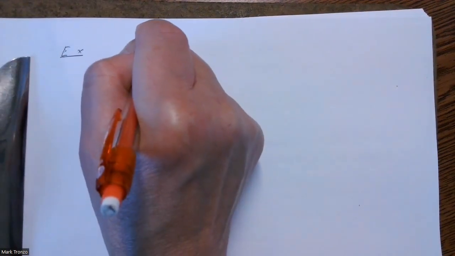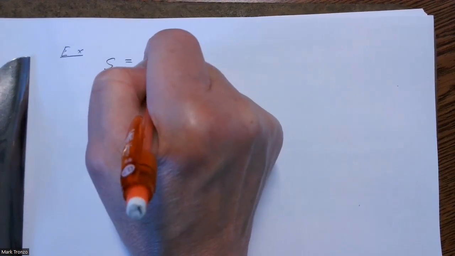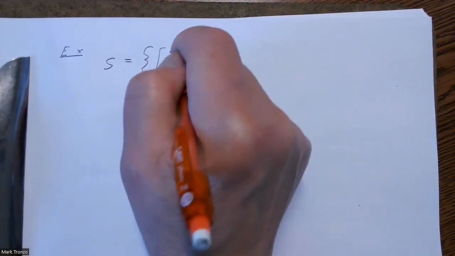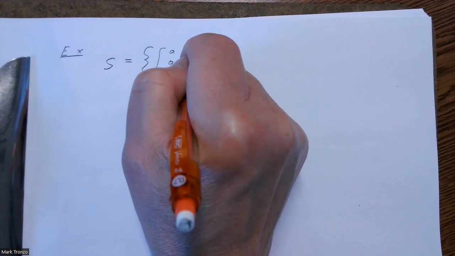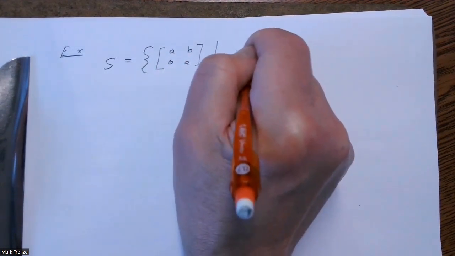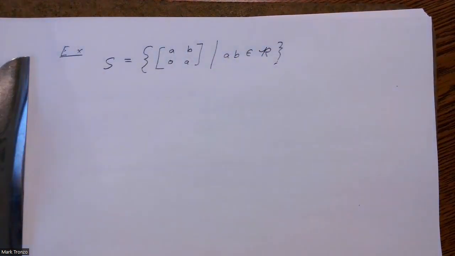Let's do this one here. Let's say if we take 2 by 2 matrices, first of all, let's take this particular form. So these are 2x2 matrices.